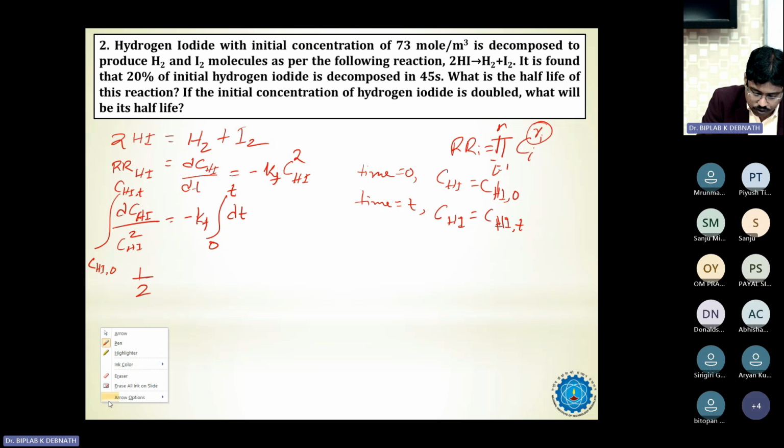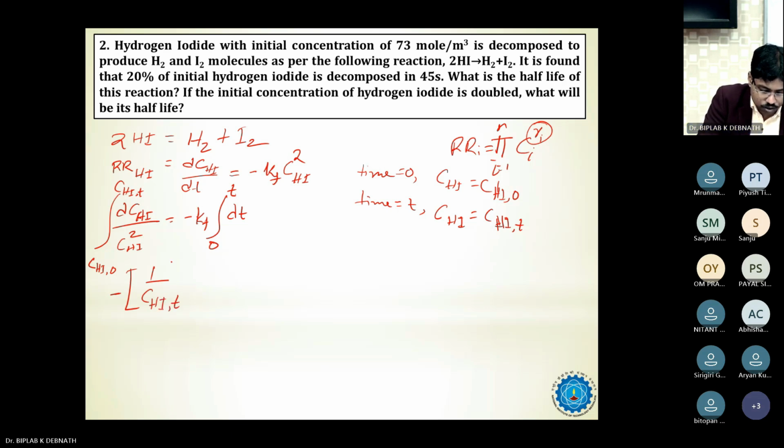Not half. This is actually minus 2 plus 1, right? So minus actually comes at the front. Okay. So this is what minus of 1 by CHI t, okay, minus of CHI naught. Am I right?